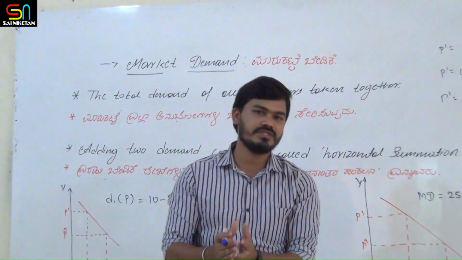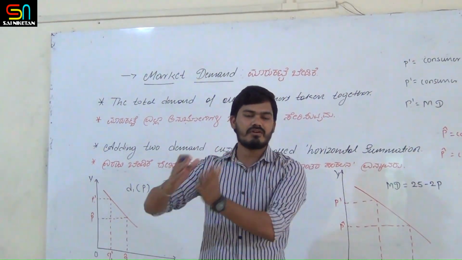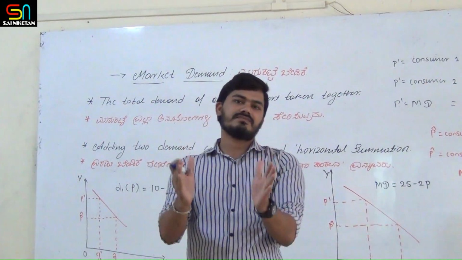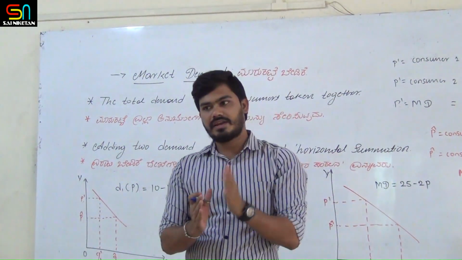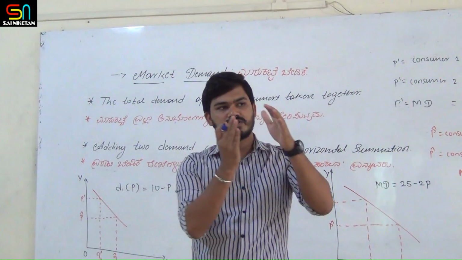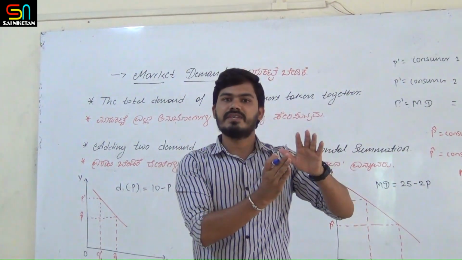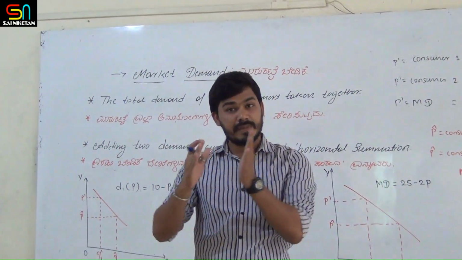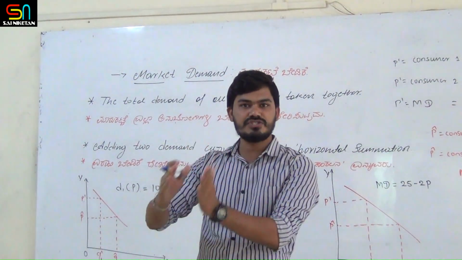A market means there are a very large number of buyers and a large number of sellers. That institution is called the market. So there is no single individual demand or single supplier; many suppliers and many individuals are there.